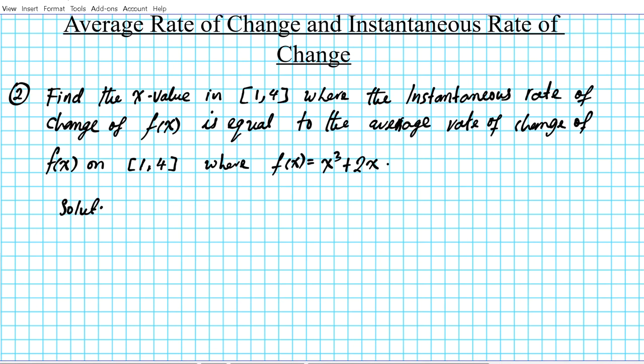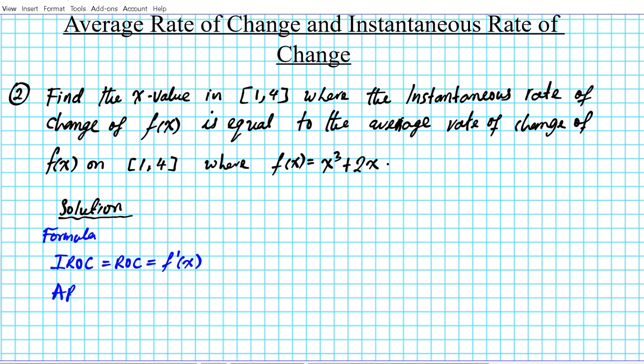So what we're going to do first is go over the formulas and definitions for instantaneous rate of change and average rate of change. Remember that the instantaneous rate of change, or IROC, is also referred to as the rate of change, and that is basically the derivative at a particular x value.